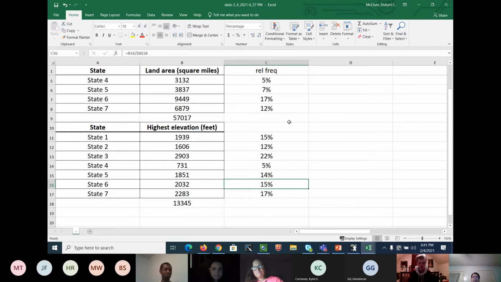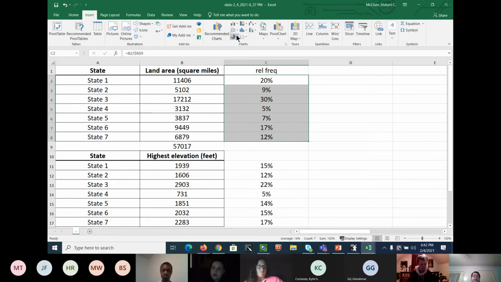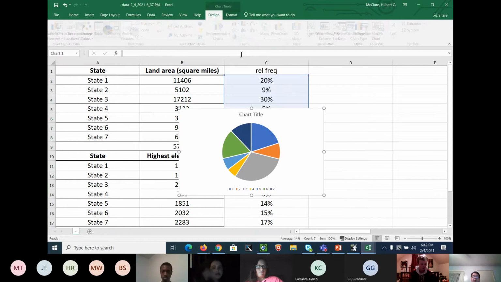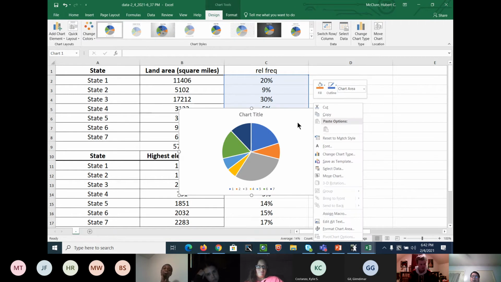I'm going to go ahead and do a circle graph for this one. So insert, and there is my graph. I'm going to do a couple more things. Well, it's not letting me.